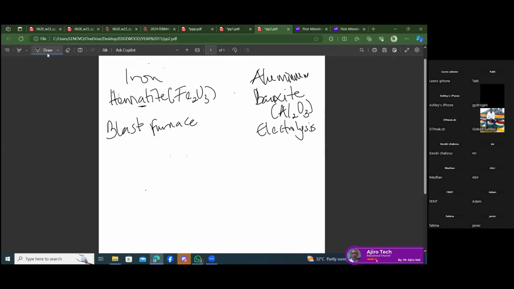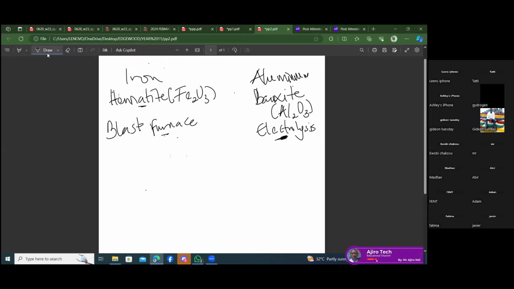Now I'm going to explain something. Sometimes the IGCSE chemistry questions will ask you, why can't you use blast furnace for aluminium? Why we can't use blast furnace for aluminium is because aluminium is far more reactive than carbon. What we use in the blast furnace is reacting iron ore with carbon, which is coke, and that's because carbon is more reactive, or is higher on the reactivity series than iron.